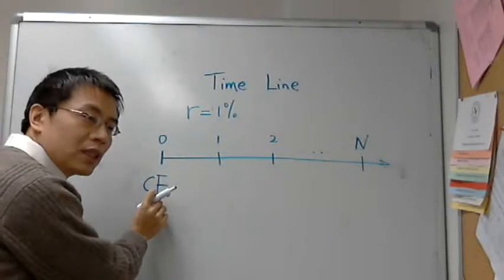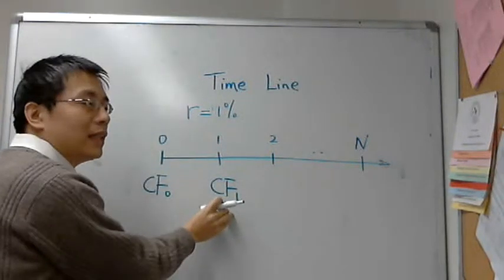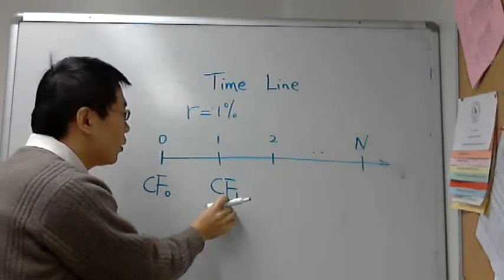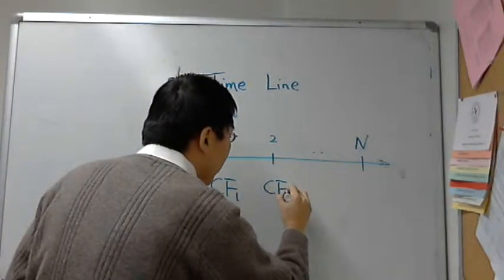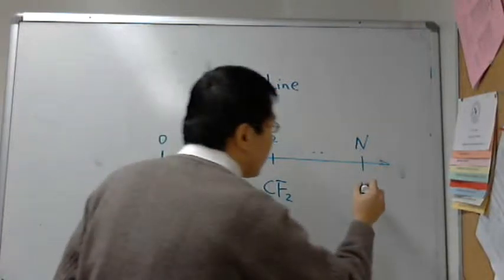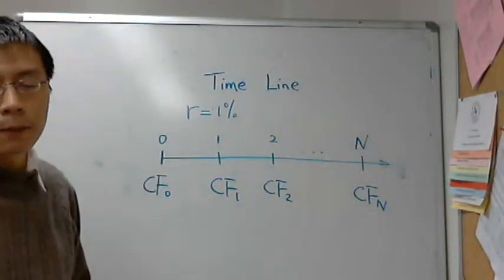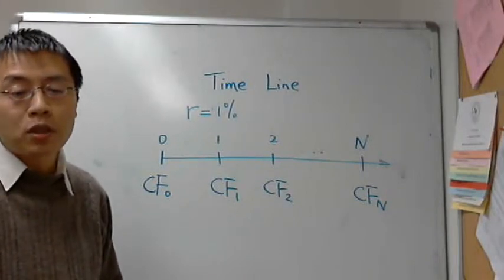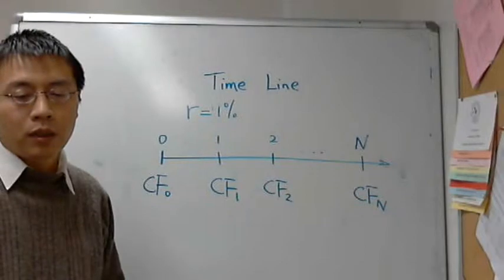So this is the first cash flow. That's the cash flow at the end of the first period. This is the cash flow at the end of the second period, and we can have cash flow at the end of the investment. There are two types of cash flows, cash inflow and cash outflow.